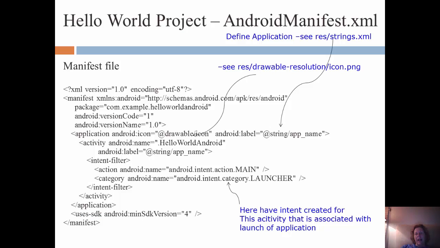So this is the beginning Hello World Android manifest.xml file. And you can see in here, it's a language of tags. If you are familiar with HTML or have ever looked at HTML, this looks a bit like that. XML is a language of tags. In fact, XHTML, which is an XML compliant version of HTML, is an XML language.